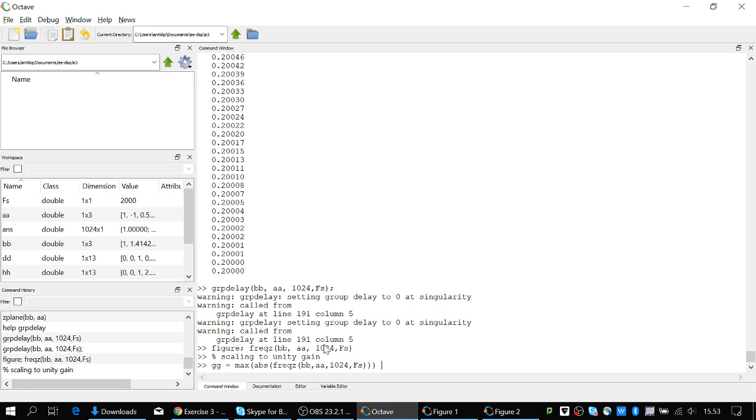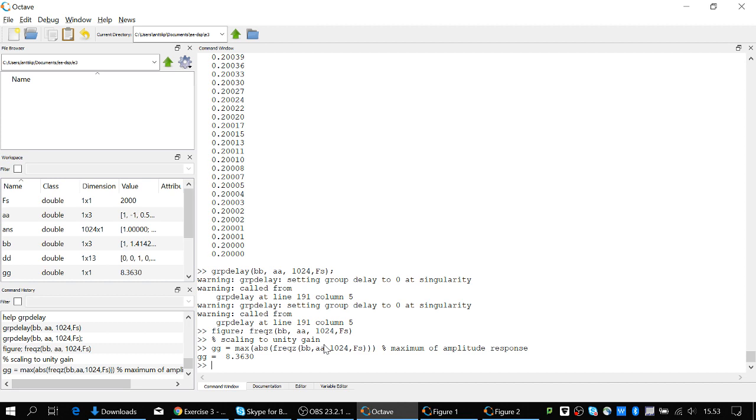So this is the maximum amplitude response. It has 8.363, which is about 18 dB.